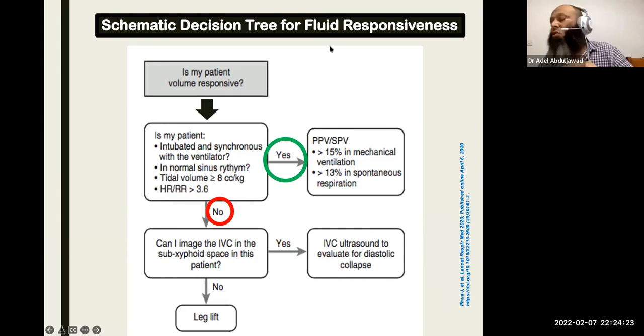Can you examine the inferior vena cava to assess the collapsibility or distensibility index?